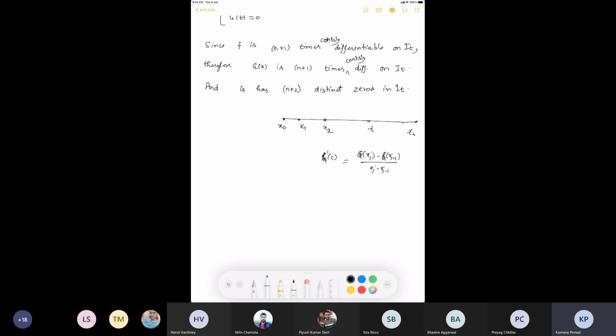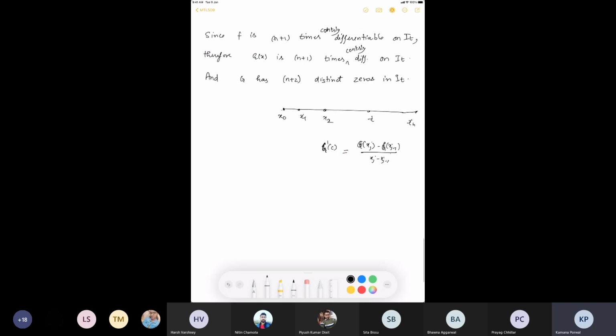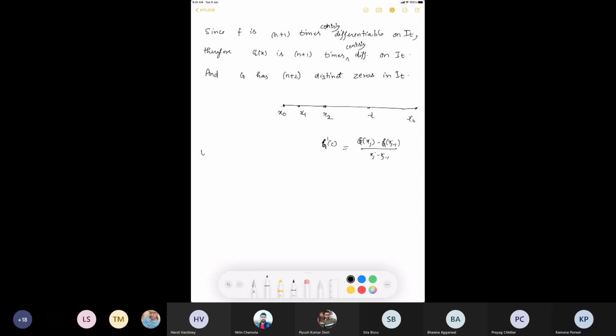Since g of xj and g of xj minus 1 both are 0, we get that g prime of c is equal to 0. And you have n plus 1 distinct points here where g is vanishing, so you will have n points where g prime vanishes using the mean value theorem.